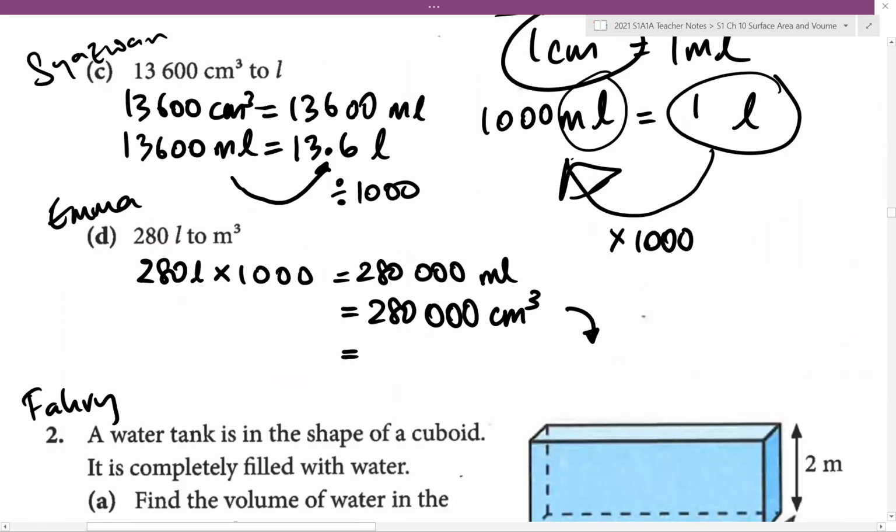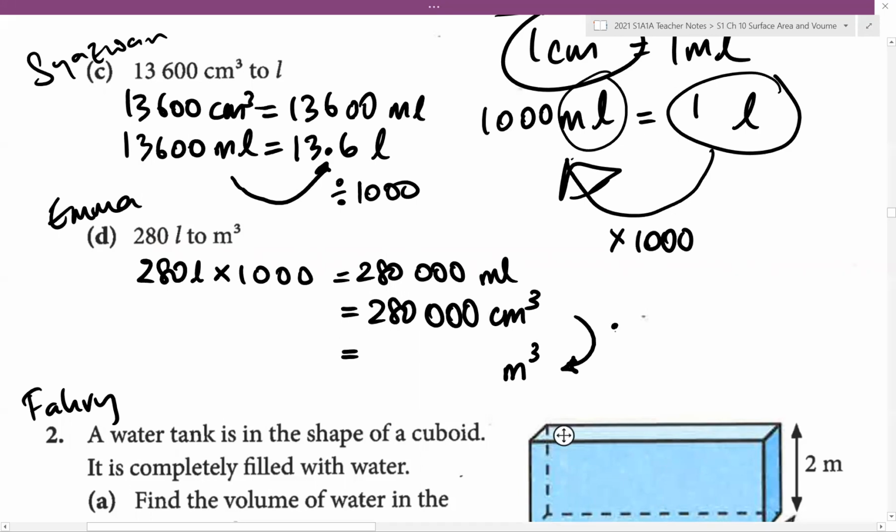Okay, Fari, can you tell us how to change from cubic centimeter to cubic meter? Times or divide?